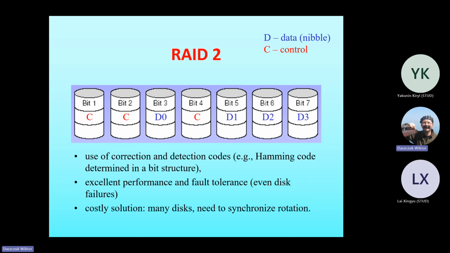A correction code, for example Hamming code, discovers an error and appoints the number of the bit that is corrupted. And we have for every nibble, this is nibble, D0, D1, D2, D3. If a bit is corrupted, those control disks appoint the number of the bit that is corrupted, and we can reverse this bit to restore correct information. This is the way the Hamming code works.